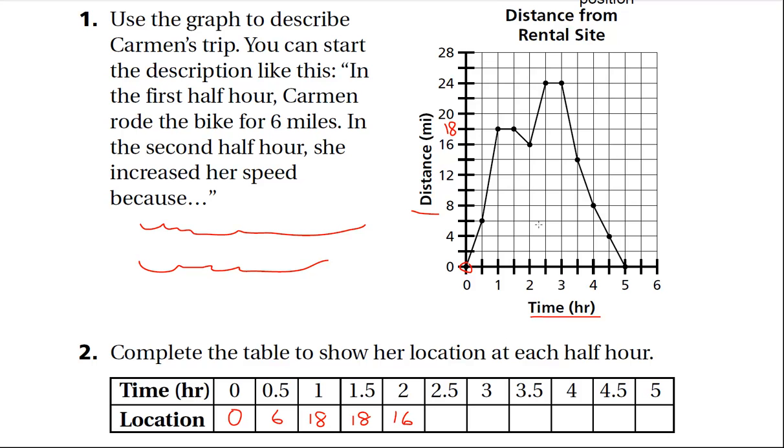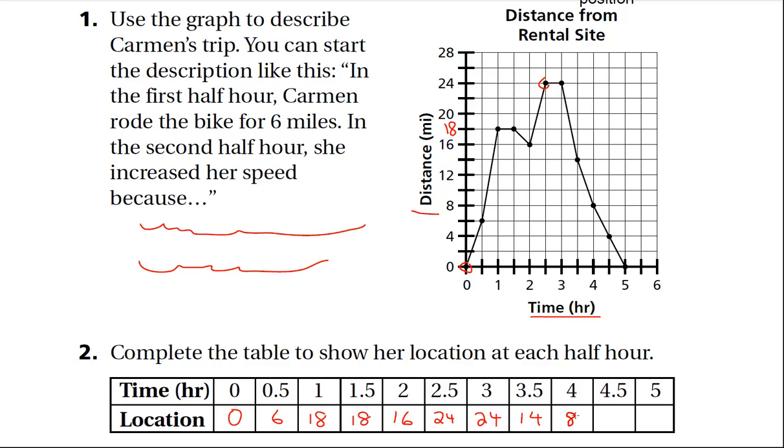2.5 hours, let's follow it. That's this one right here. 2.5 hours, that would be 24. Alright, 3 hours, still at 24. 3.5 hours, looks like that's here, and that looks like 14. 4 hours, she's at 8.